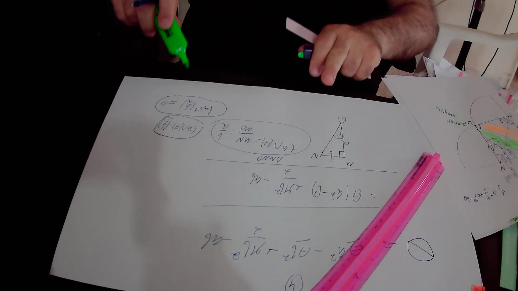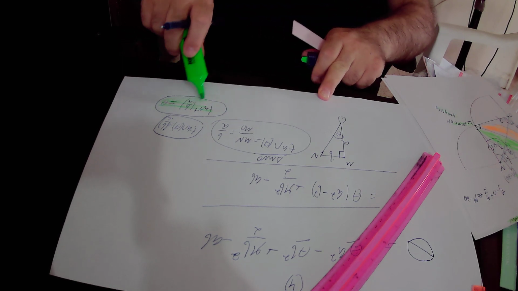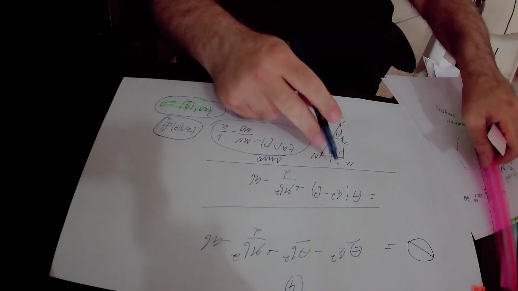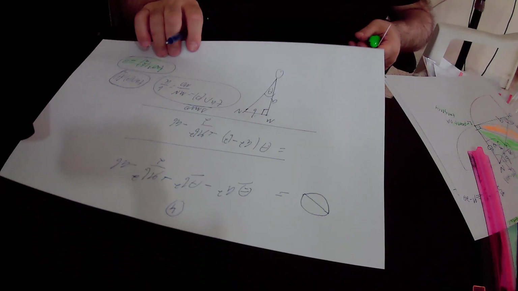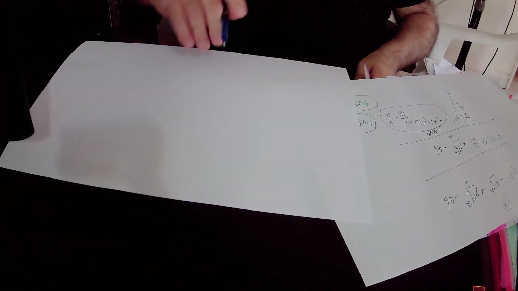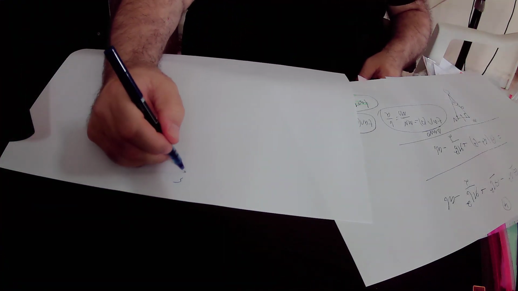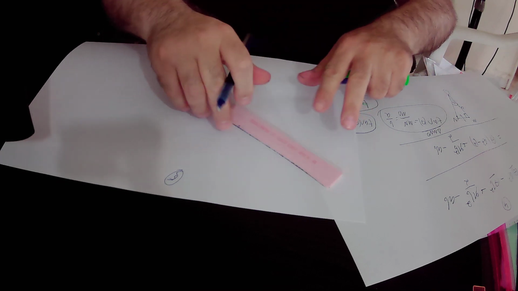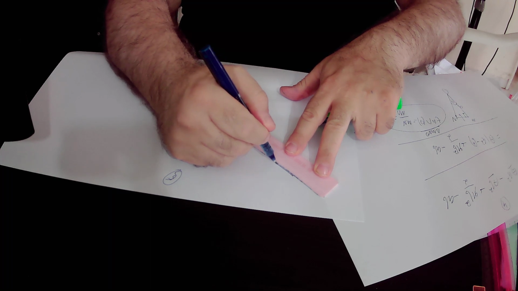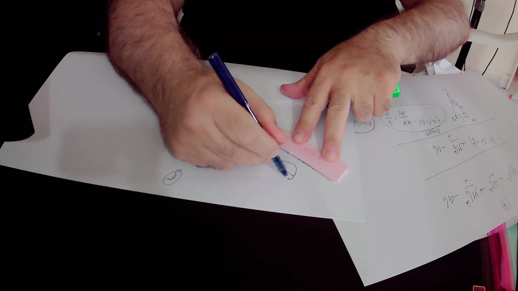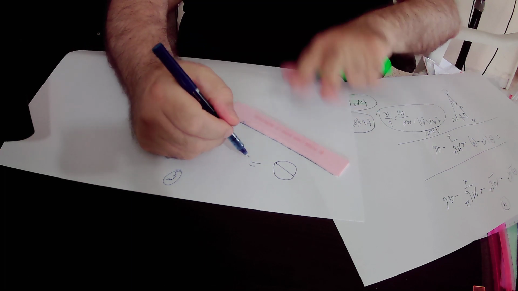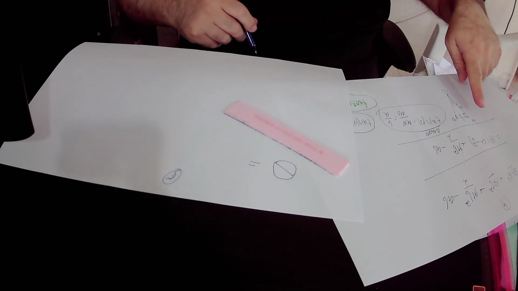So we substitute theta by tangent minus 1 of B over A in this formula. And we will get that the area of any lens, of this lens, that could be any lens, is equal to theta.